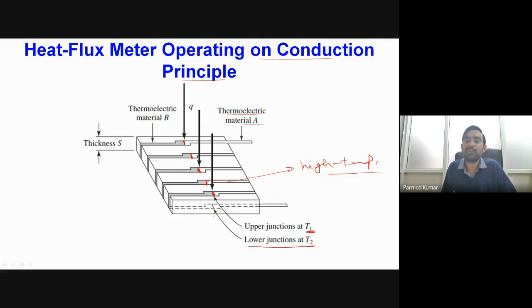By applying Fourier's law of heat conduction, we can determine the corresponding value of the heat flux. For the measurement of temperature, we get an EMF generated because of the thermoelectric effect. This arrangement is identical to a thermopile, where we have a number of junction points, so our EMF will be amplified.